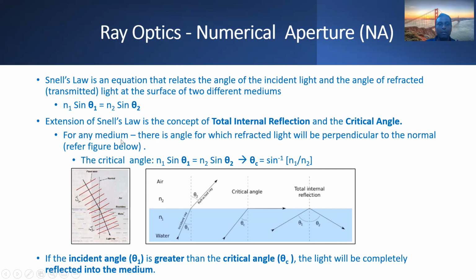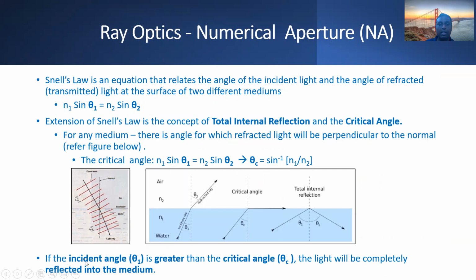For any medium, there is an angle for which the refracted light will be perpendicular to the normal, as given in this diagram. For the critical angle, n1 sine theta 1 equals n2 sine theta 2, where we can find the critical angle theta c by taking the anti-sine of n1 divided by n2.